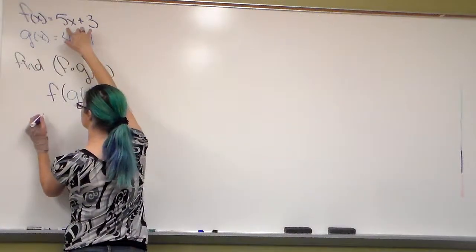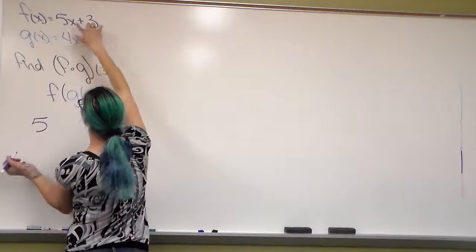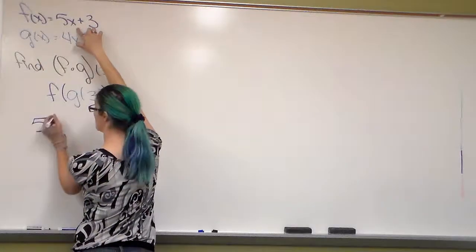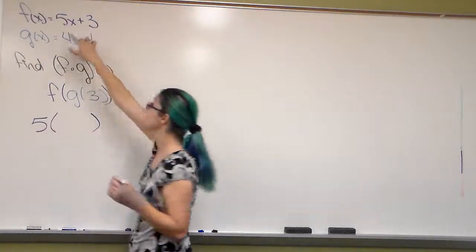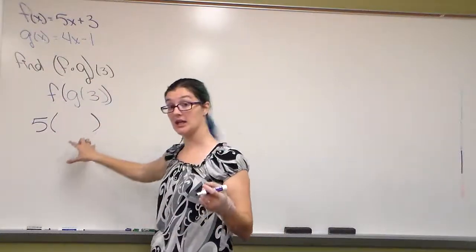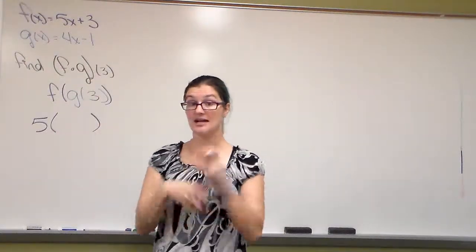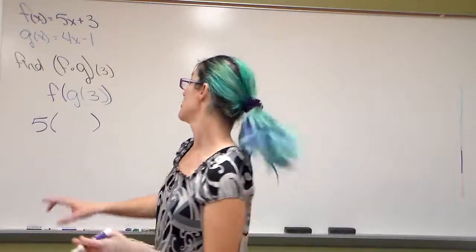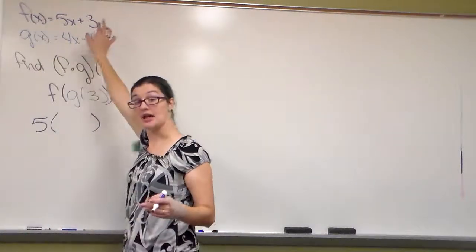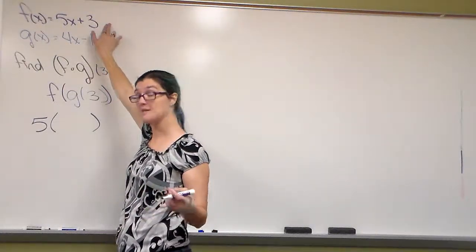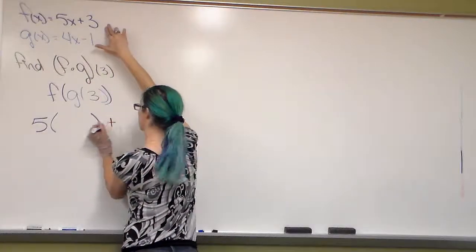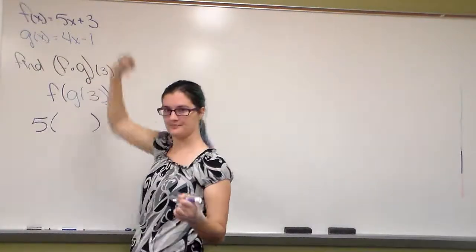Starts with a 5. Then it has an x. So I'm just going to put parentheses because it's f of g, not f of x, not f of a number, f of g. So inside here I'm going to put the g, but I want to go ahead and finish the f so I don't forget about that 3. Plus 3.